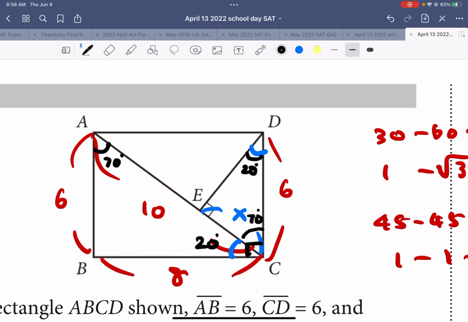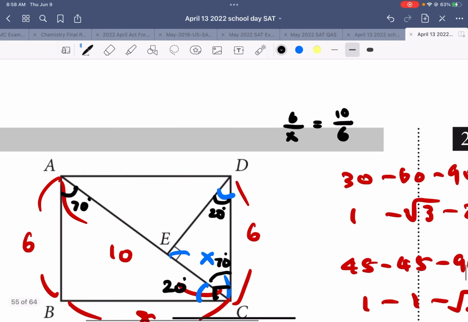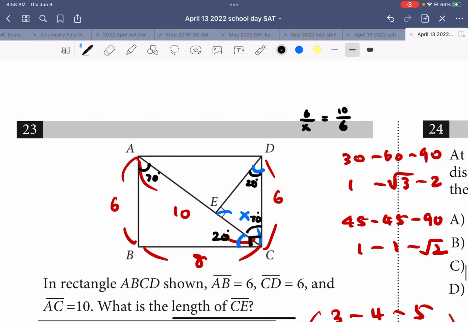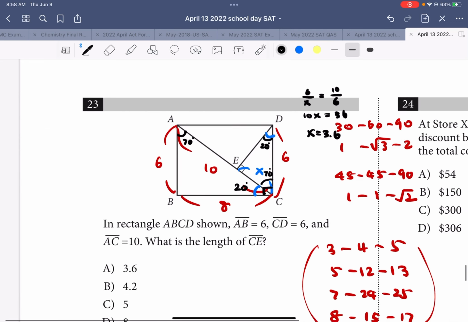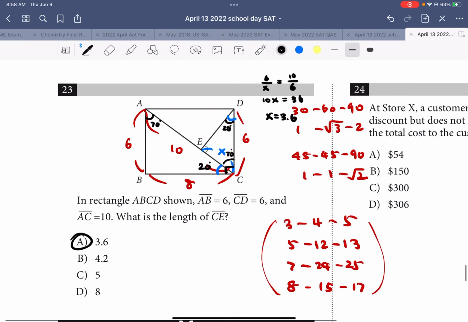Using that similarity, 6 over x equals 10 over 6. So when you cross multiply, 10x equals 36. So x is 3.6. The answer is A. Using similarity, you can answer it.